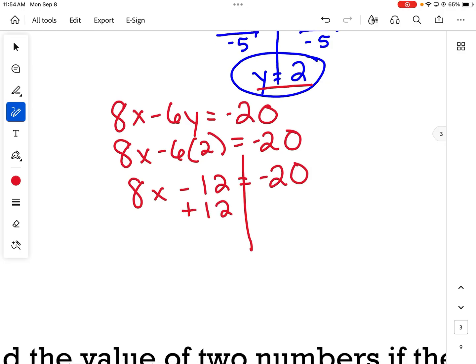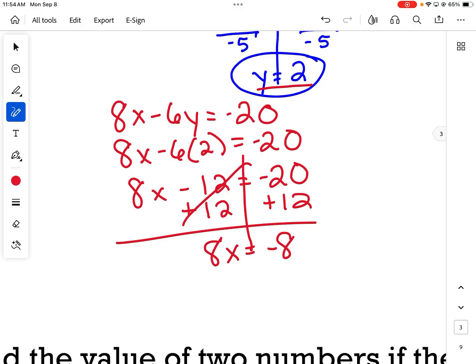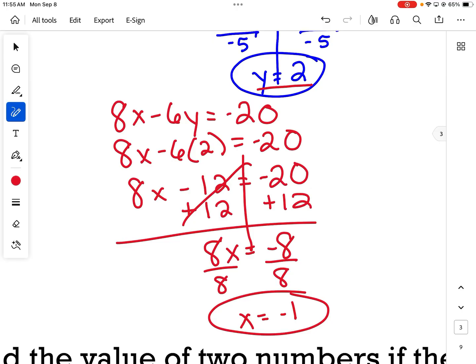So plus 12. 8x equals negative 8. Divide by 8. X equals negative 1. So once you have the x and the y value, you can write your answer in the ordered pair. X, comma, y.